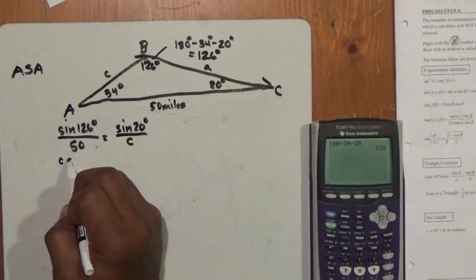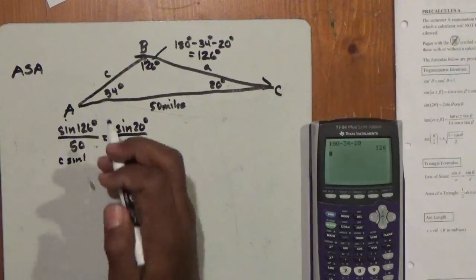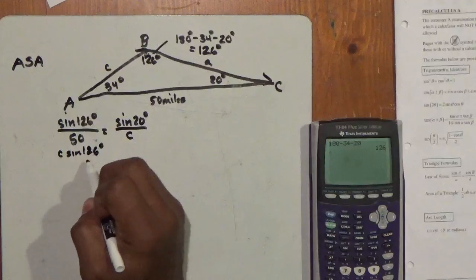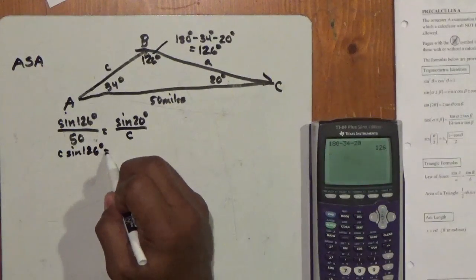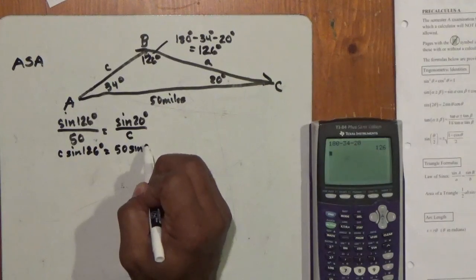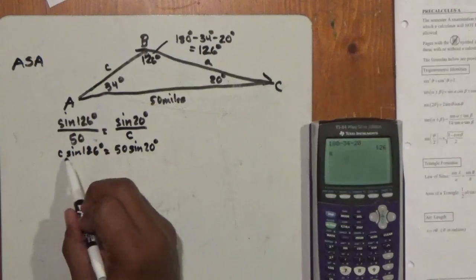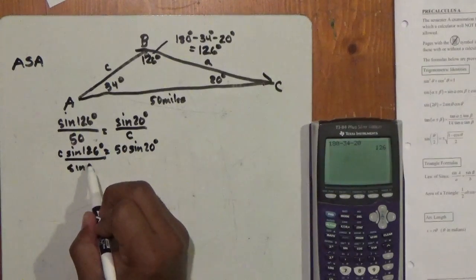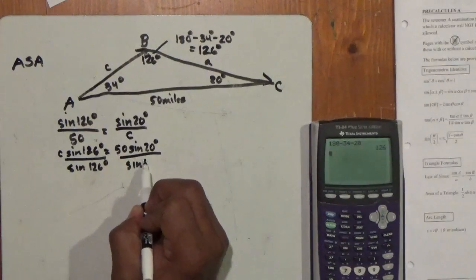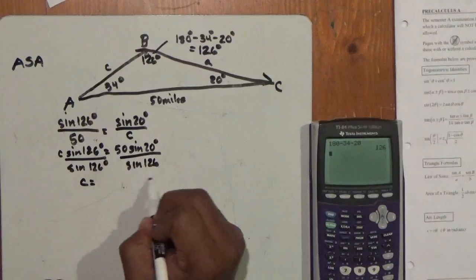We get C sine 126 is equal to 50 sine 20 degrees. Divide both sides by sine 126, and that gives us C is equal to all this.